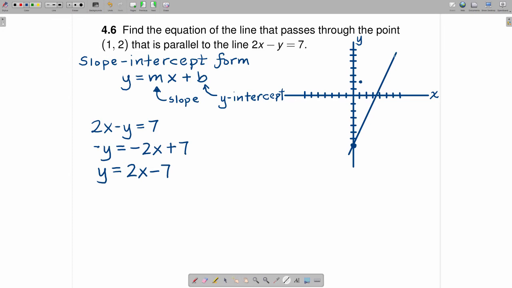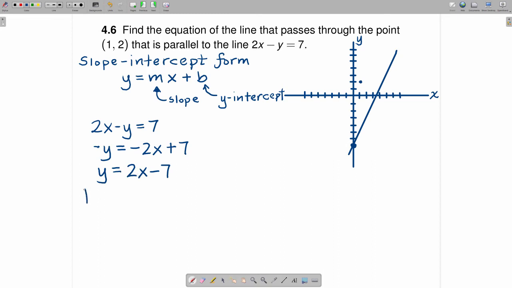So the line that we're looking for is parallel to this line right here, and yet goes through this point. So you can kind of picture what that line will look like. It'll look something like that. So we know that the line we're looking for will also have a slope of 2.